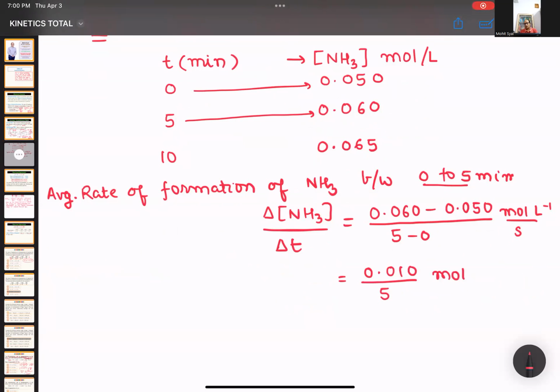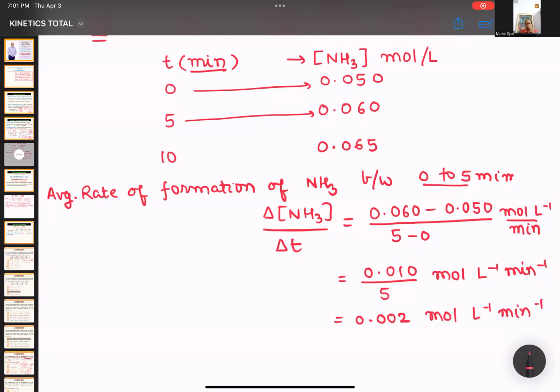So what could be the answer? Per minute, not second, because the question is given in minutes. So it is 0.002 mole per liter per minute.